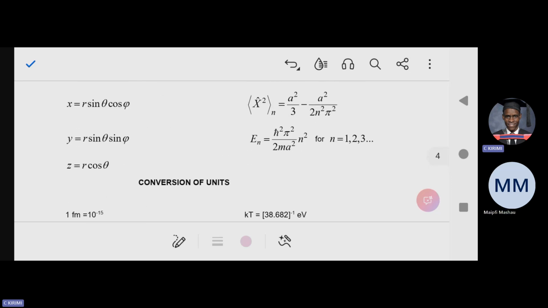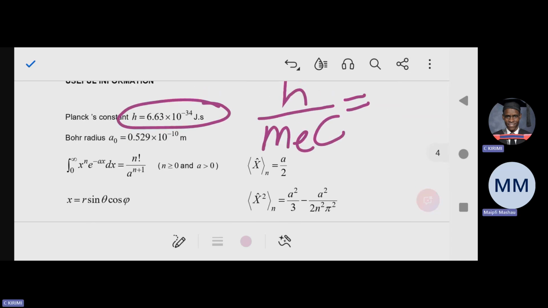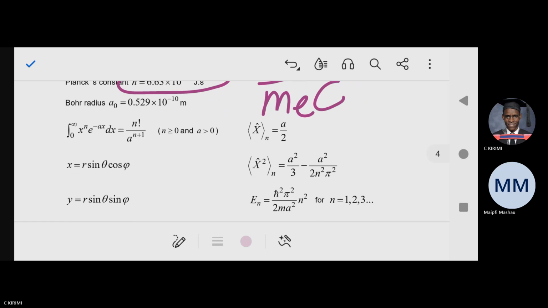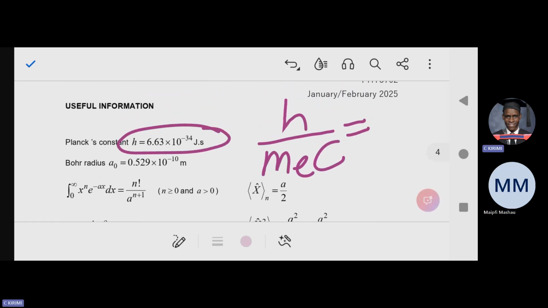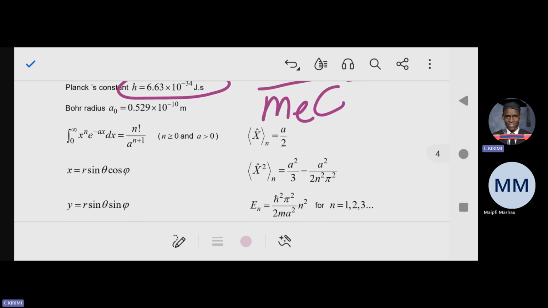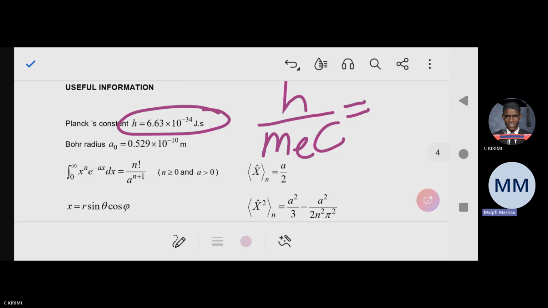We are applying the Planck constant, and even if you forget, this is how you do it. What is the Planck constant? It is 6.63 times 10 to the power negative 34.